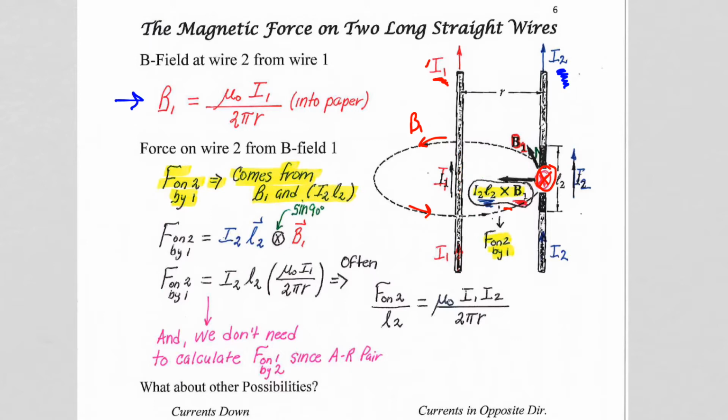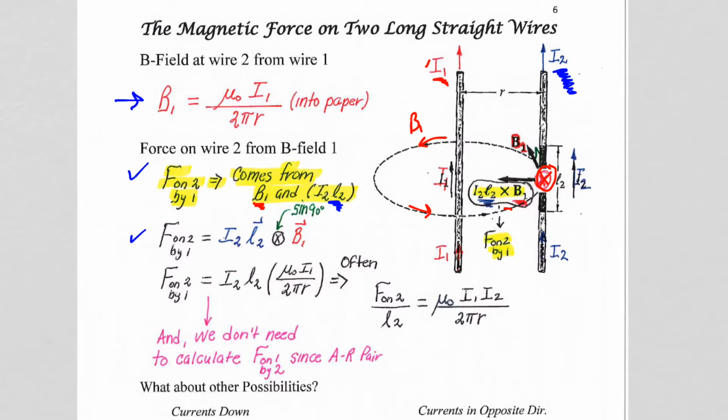Okay, well, we knew from chapter 30 that the magnetic force is given by IL cross B, and this is where it gets to be a little tricky. And please do put in here what I have in the notes and highlight it or star it, however you want to emphasize it, that the force on wire 2 comes from the B field made from wire 1 and the current I and the length L2 in wire 2.